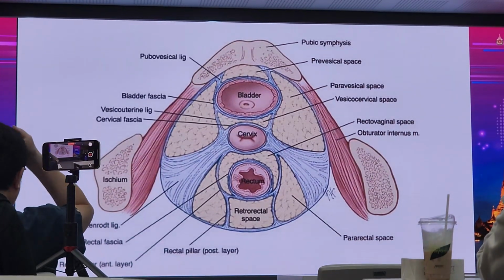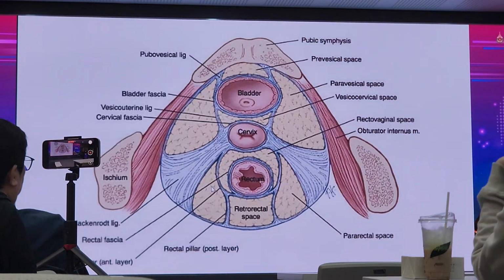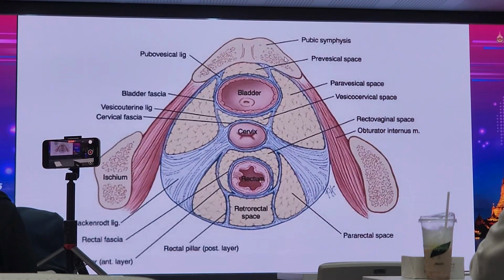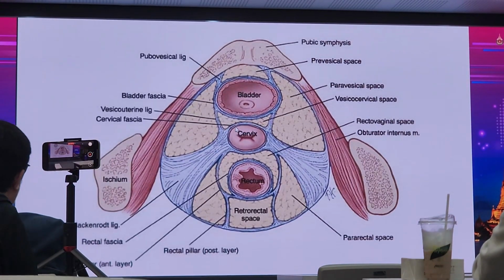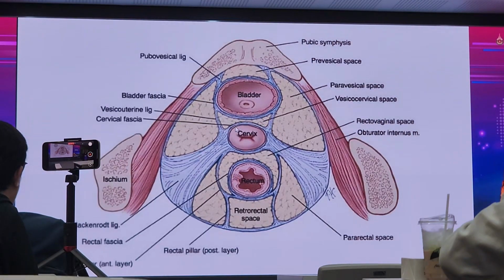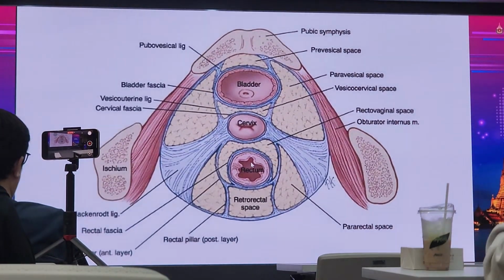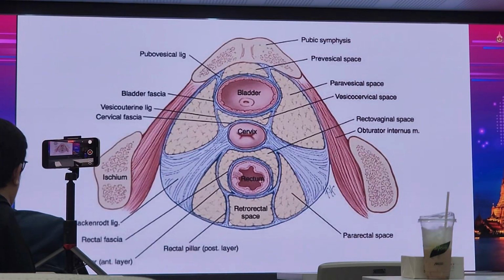And these are the ligaments that divide the spaces. To divide the lateral part, this is the vesicouterine ligament on both sides. One easy thing is that the names correspond to the origin and the insertion of the ligaments. And this is the anterior and the posterior rectal pillar.